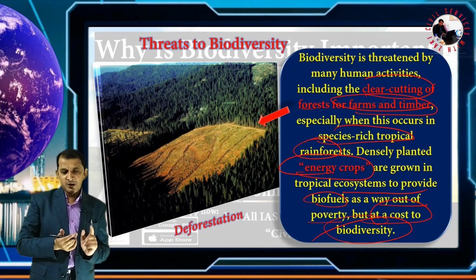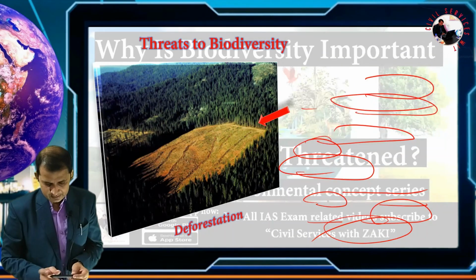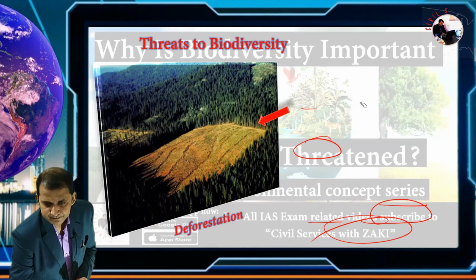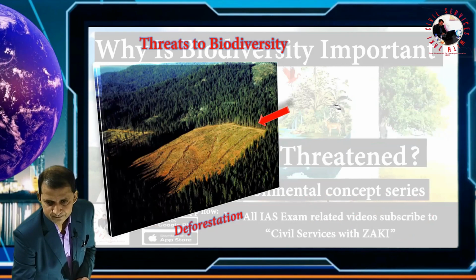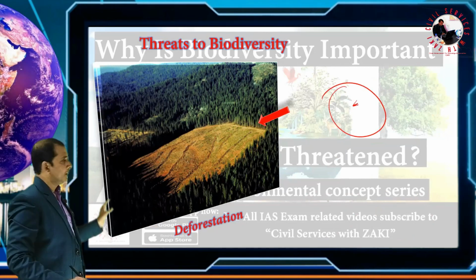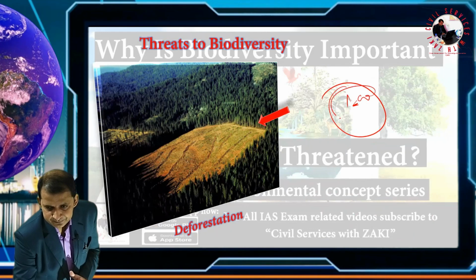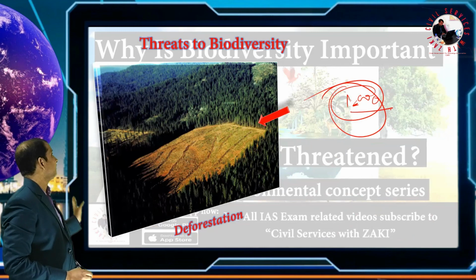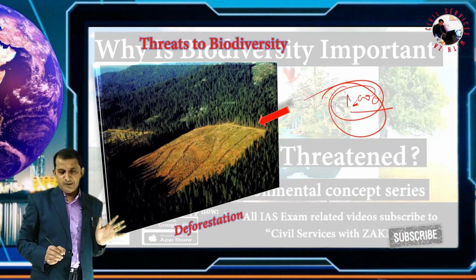For example, if you see here, one forest situated here provides 1000 species, including plants, trees and animals.